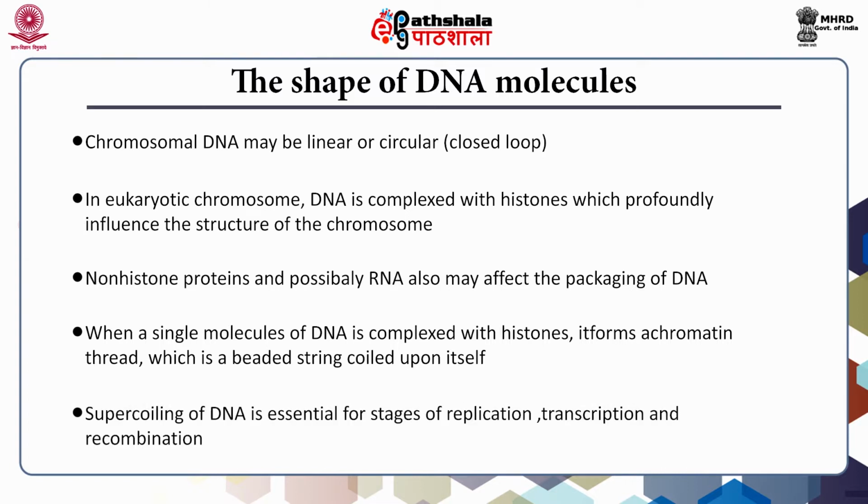Supercoiling of DNA is essential for stages of replication, transcription and recombination. It occurs only when there is a restraint upon the rotation of the ends of the DNA chains, which occurs either in circular DNA or in linear DNA when the ends are too far apart to allow rapid spinning.